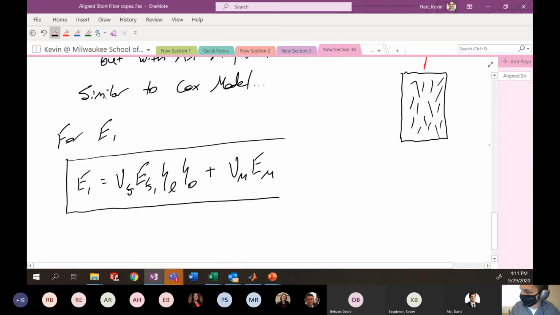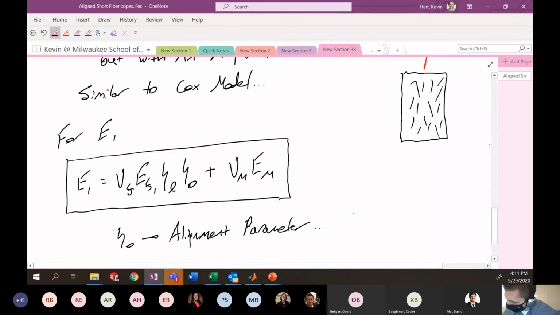Now what is this alignment parameter? Again, it ranges from 0 to 1. If it is 1, then this is just the Cox model.